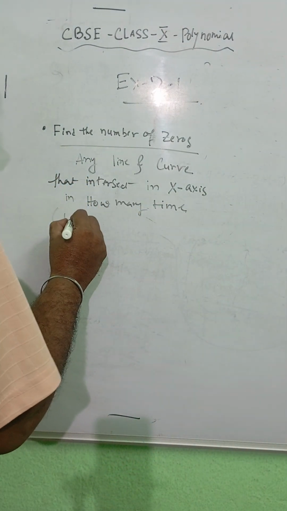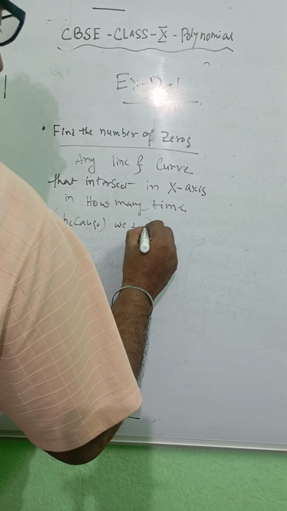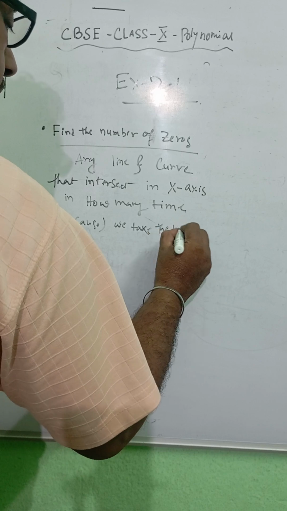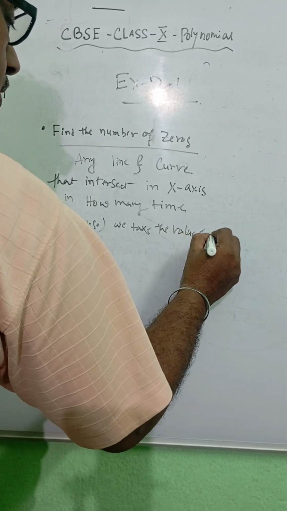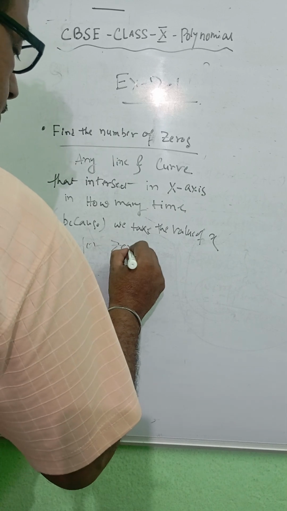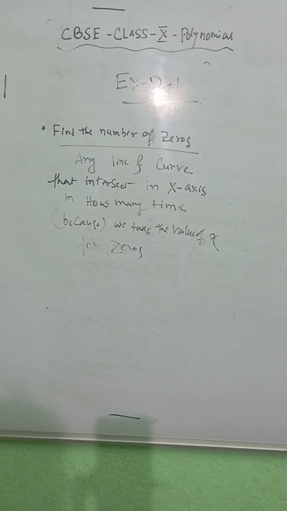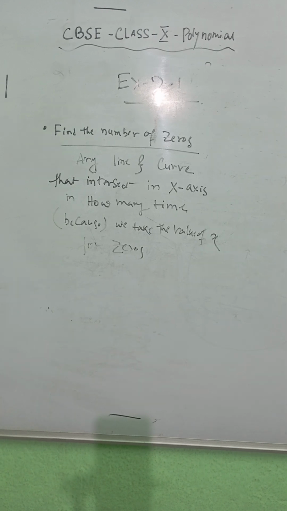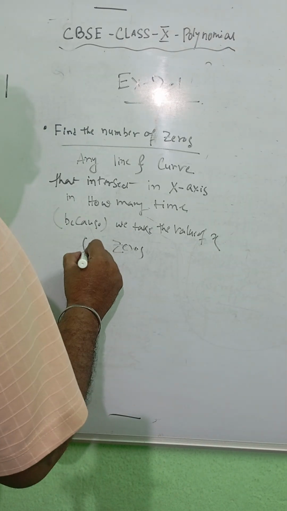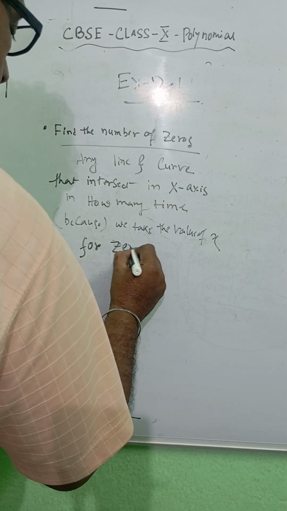Because we take the value of x for zeros.